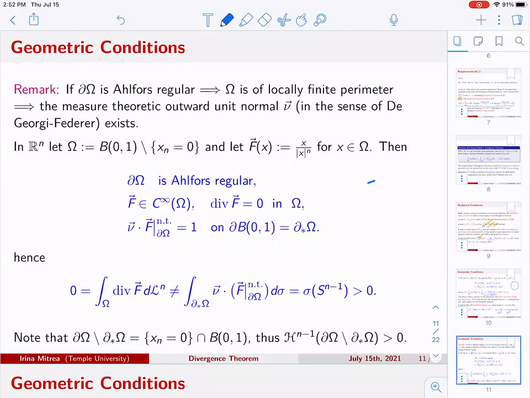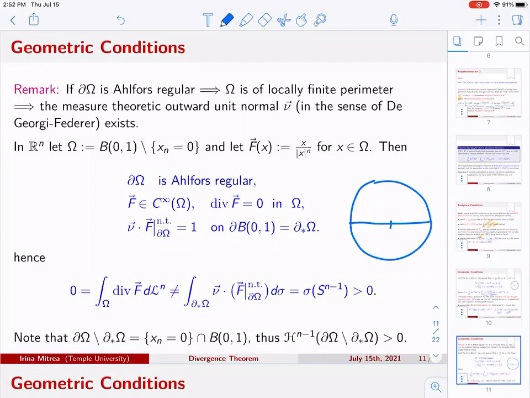So let me consider now another example. I take the unit ball and I eliminate from it the entire segment x_n equals 0, the entire hyperplane x_n equals 0. I consider the same vector field.